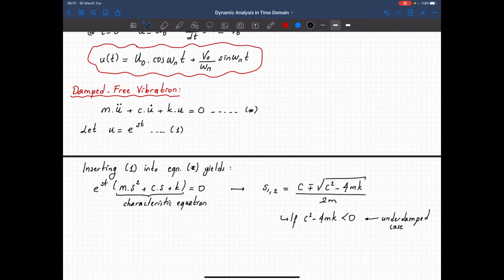Since we have a complex solution to this equation, we can convert it into cosine and sine, and at the end of the day we will see some oscillations in our results. The other possibility is having this value equal to 0.